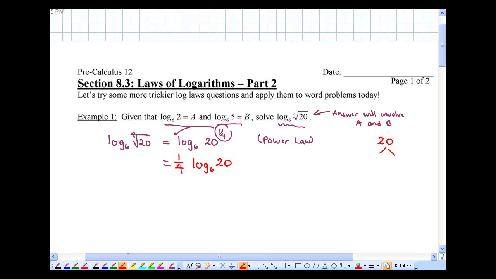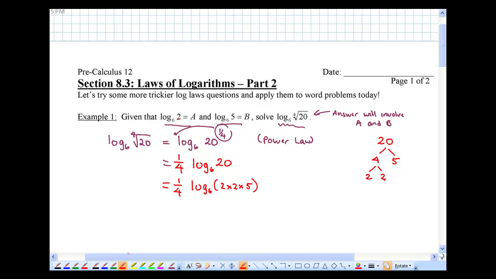Remember that factor tree stuff? 20 is the same thing as 4 times 5. Of course, 4 is not prime, but 2 is. So lo and behold, you've just told me that 20 is the same thing as 2 times 2 times 5. Doing that now, I can rewrite this as log base 6 of 2 times 2 times 5, because that's the same thing as 20.